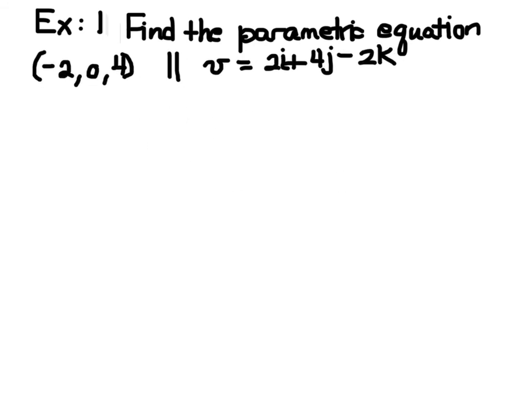Okay, so what we want to do here is we see that our point P sub 0, which is made up of x sub 0, y sub 0, z sub 0, is the point (-2, 0, 4).